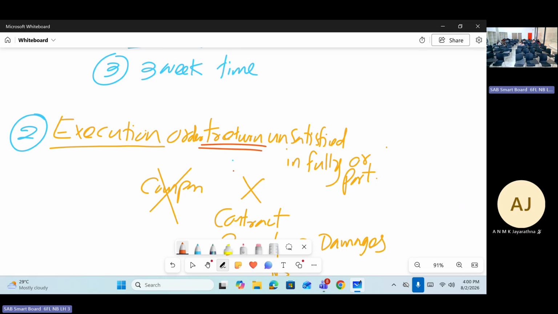It means the company doesn't have enough assets, no assets in the company. That's why this execution order is returned.